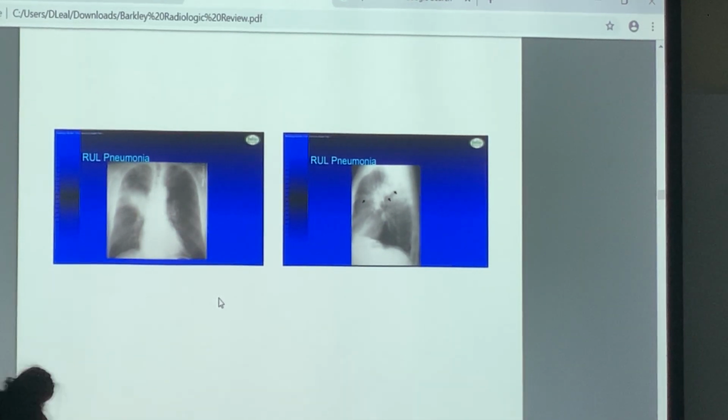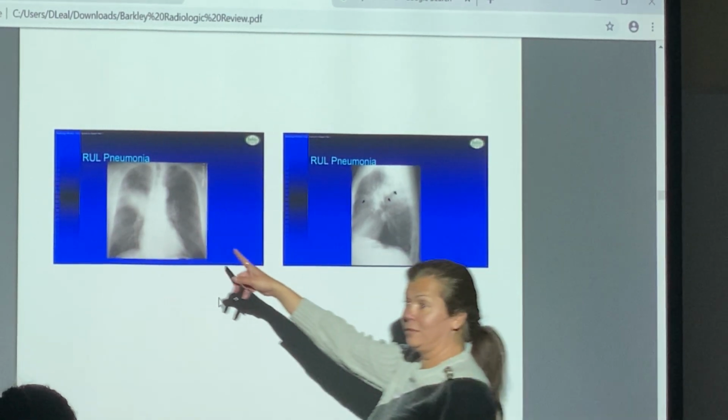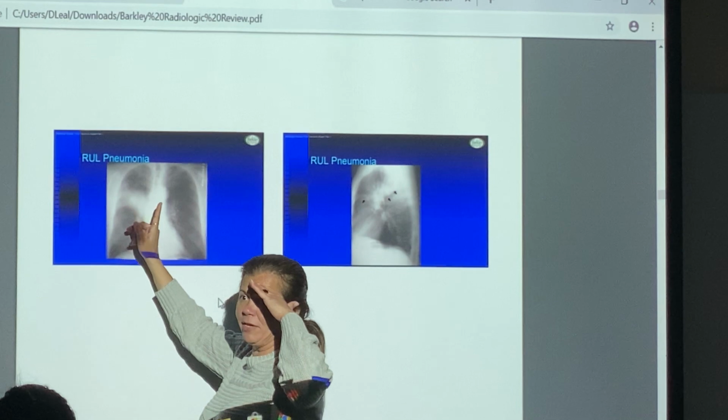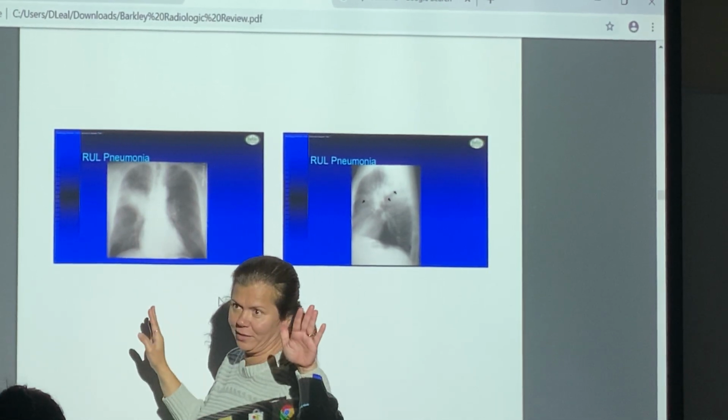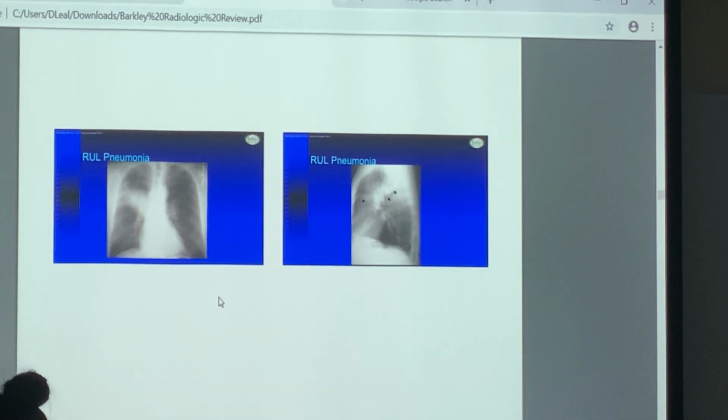Can you compare a pneumonia with a pleural effusion? Well, if you have an effusion right here, it has to be loculated. Because when you pour fluid in any container, it has to go down. Not even the fissure will stop it. The fissure is not like a barrier. It's just an anatomical lining.